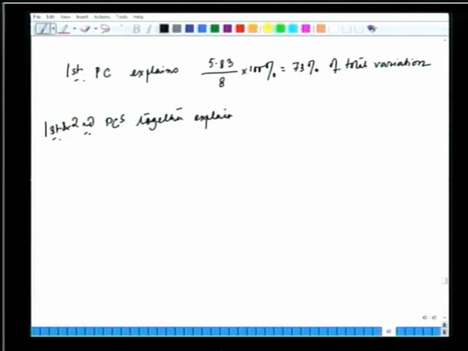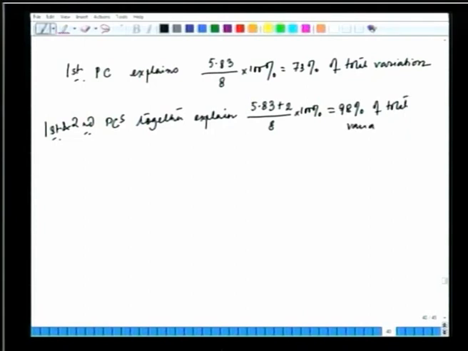This is lambda 1 plus lambda 2, that is 5.83 plus 2 over 8 times 100%, which equals 98% of total variation.